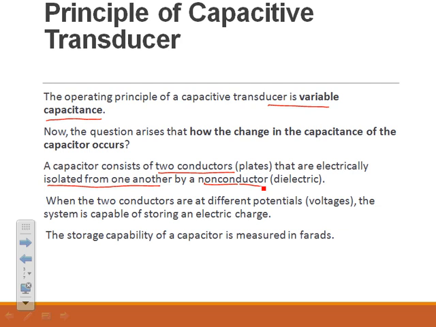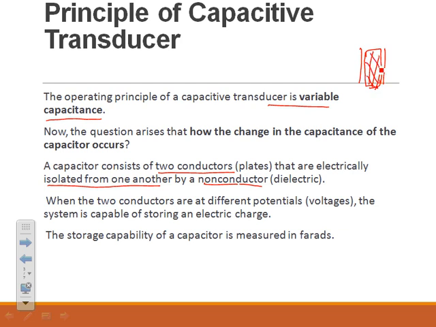Before studying the capacitive transducer, we must know what a capacitor is. A capacitor is two conductive plates separated or isolated from each other by a non-conductor media in between them, and that non-conductor media is a dielectric media.